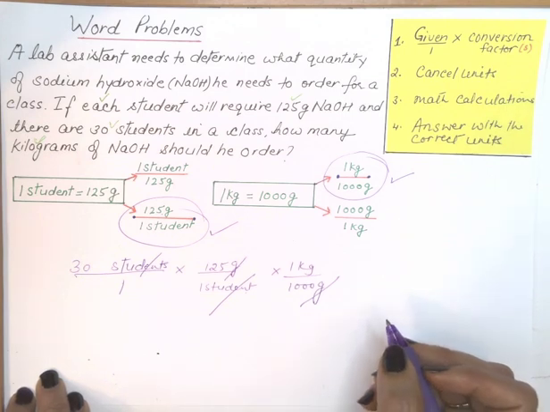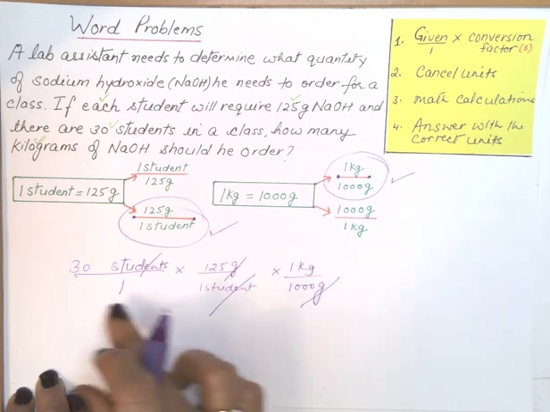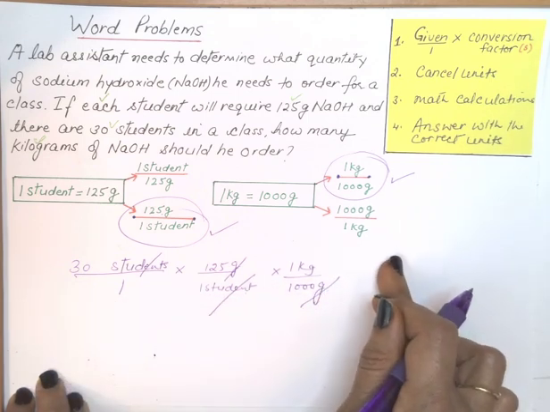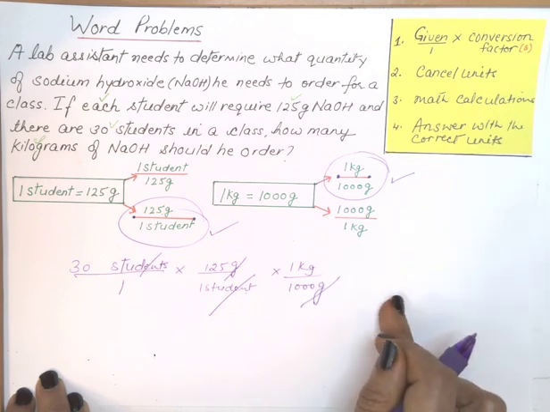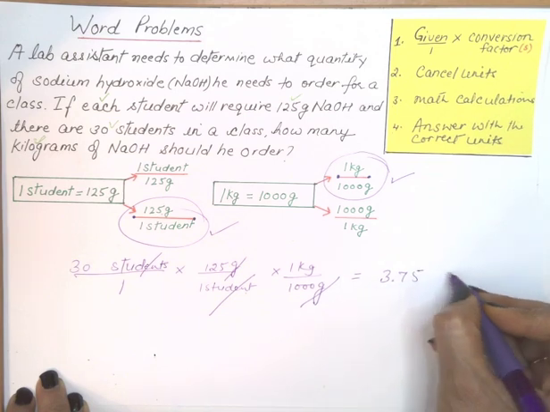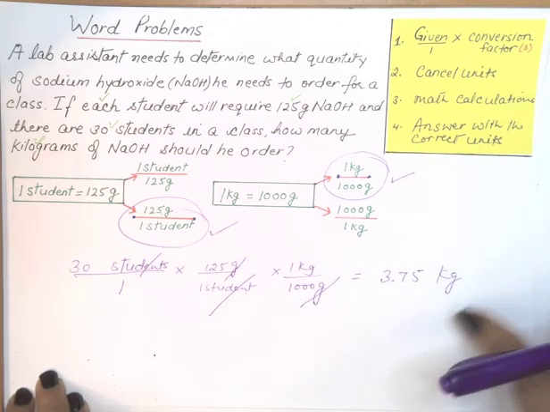Do the math correctly and don't forget the units. When you multiply everything at the top, then you multiply everything at the bottom, then the top, which is your numerator, needs to be divided by the bottom, which is your denominator. You are going to get 3.75 kilograms, and we have used two conversion factors here.